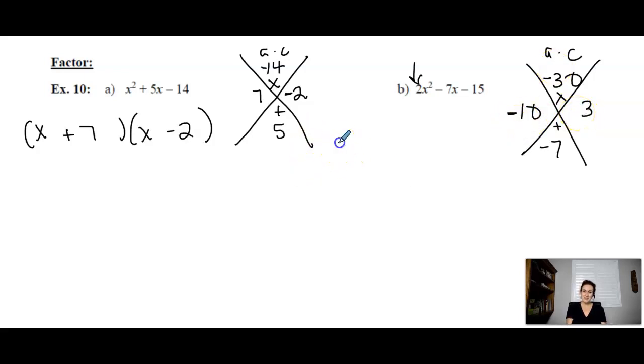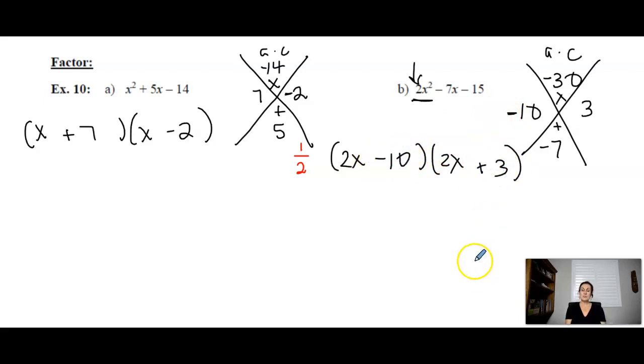So now here's the new method. For first times first, you actually use a 2x and a 2x. And the reason why you're doing that is you're really factoring out a half to make that possible. All right, and then you have the subtract 10 and the plus 3. Then what you do is you just simplify these by taking the 1/2 and multiplying it back through.